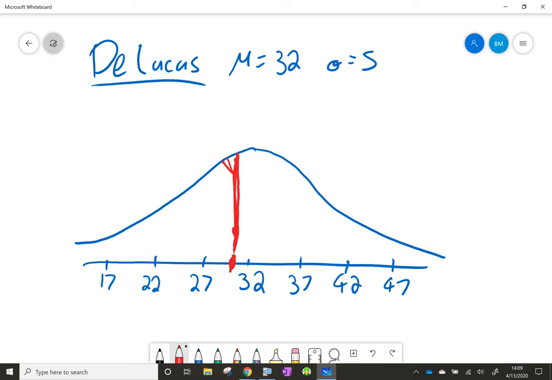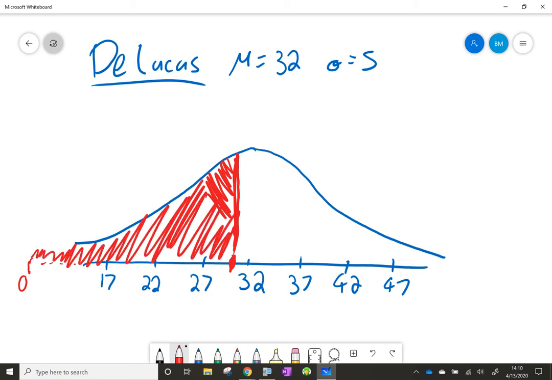Now, the area of this curve from 0 minutes, which would be way off the screen, all the way up to 30 minutes, this entire area is the probability of our pizza being delivered within 30 minutes. So this shaded area in red is what we want to find.